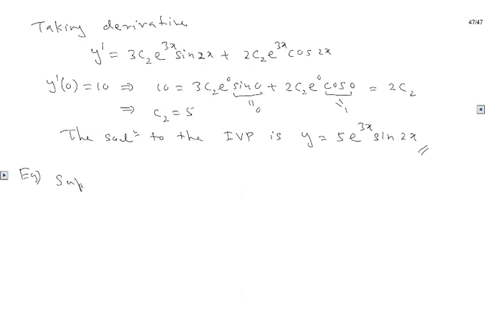Suppose y equals 5 e to the negative 1/2 t cosine 3t minus 7 e to the negative 1/2 t sine 3t is the solution of a differential equation.